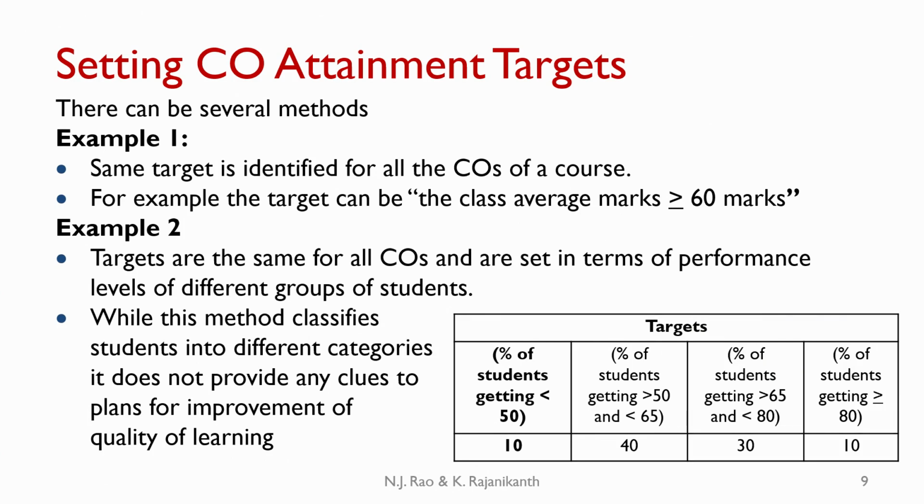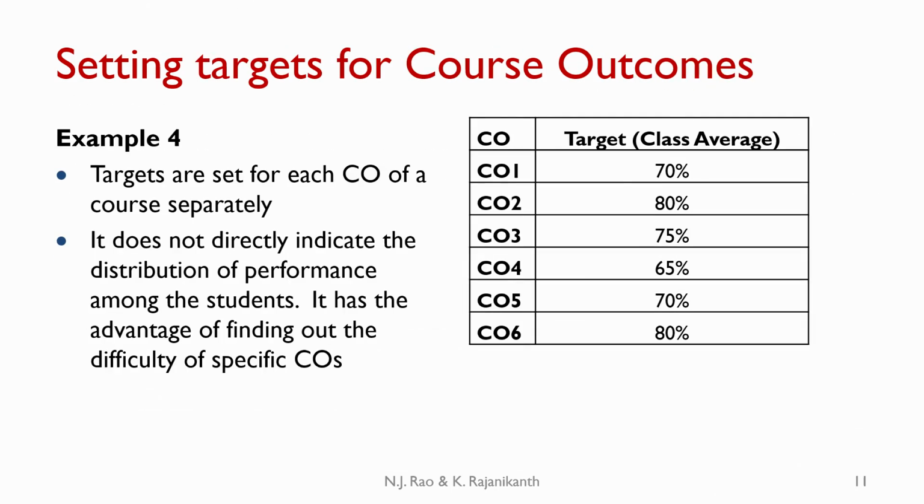However, the first method of setting the same target for all COs really is not of much use in terms of improving the quality of learning by the students. So, either the second or the third or the fourth, one of these methods can be chosen, though the fourth method does have several advantages over the others in terms of simplicity of calculating the attainment and giving adequate information regarding specific COs that we can do.